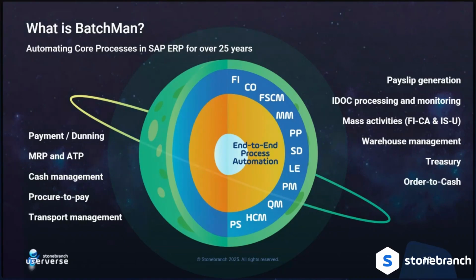And this is what we do in day-to-day work. So we automate payment runs, MRP runs, cash management, procure-to-pay, some transport management, and even more exotic stuff like mass activities, for example in FICA. And this is the world where Batchman excels and where we actually live.